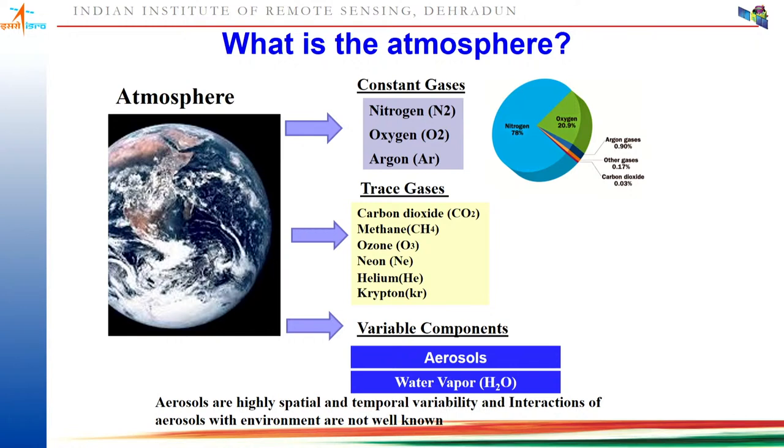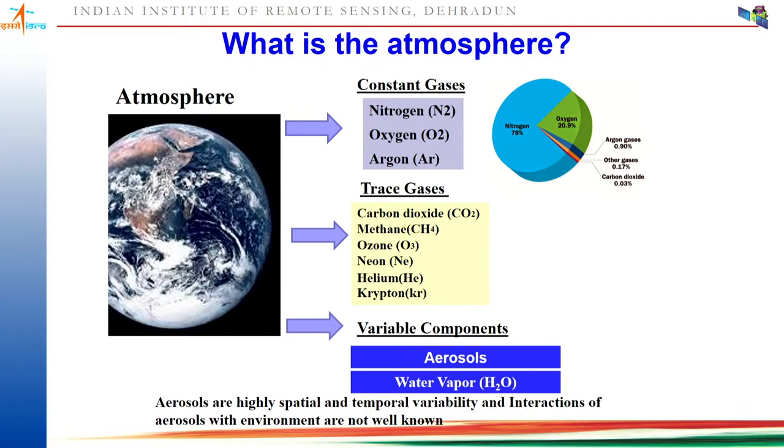You very well know that in the atmosphere there are constant gases, the trace gases and variable components. Nitrogen, oxygen, argon, these are the stable gases which have definite proportions. You know that percentage. I will not go into detail of that. There are trace gases. They are very small in number, but these are mostly anthropogenically generated, and from decade to decade, the percentage or the concentration of trace gases varies.